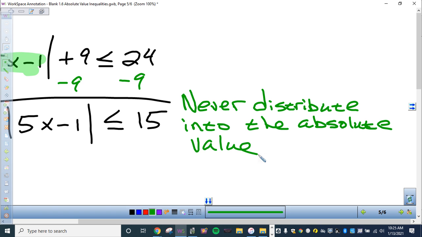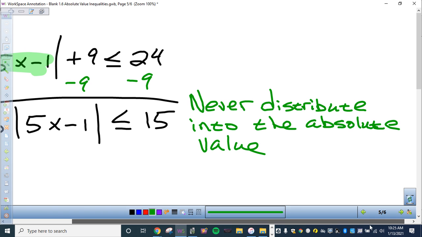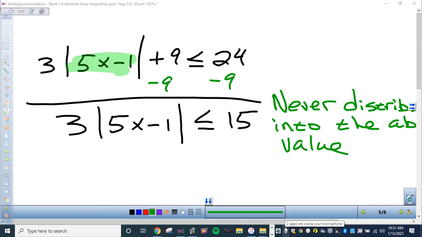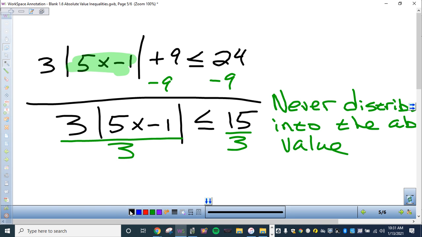Never, ever, ever do that. It's like sacred walls you cannot break down. So we're going to divide by 3 on both sides, and then we will have the absolute value by itself, and we can do the rest of the problem. So what we have left here is the absolute value of 5x minus 1, less than or equal to 5.